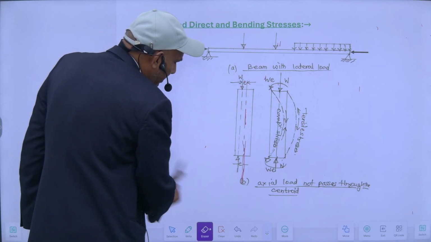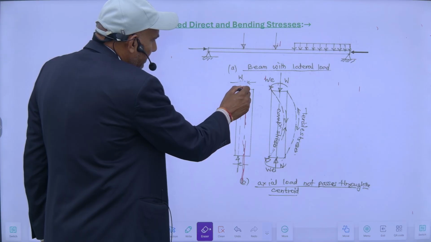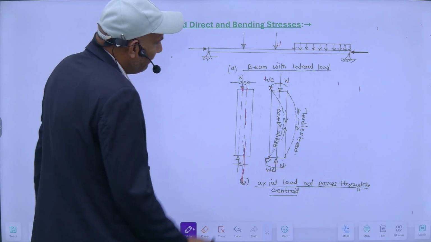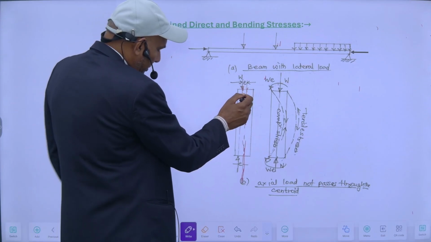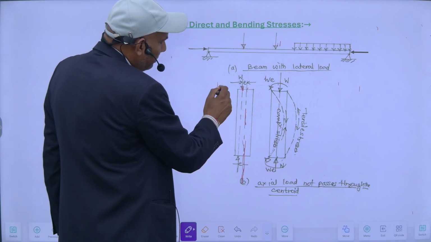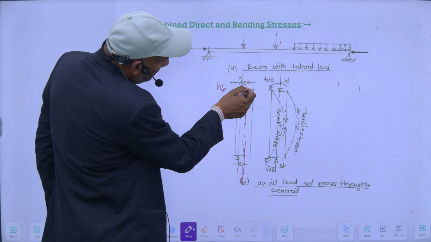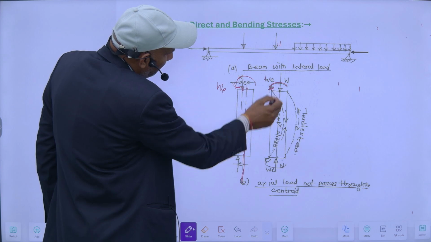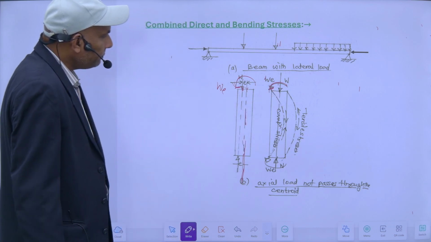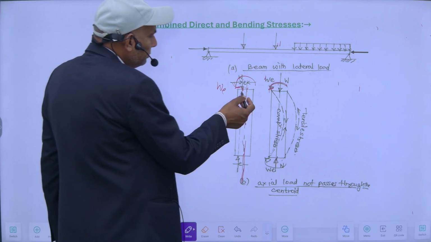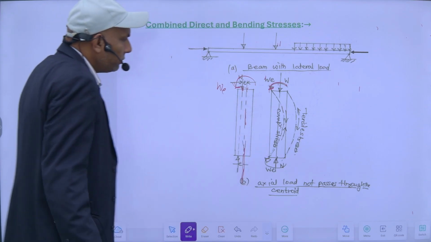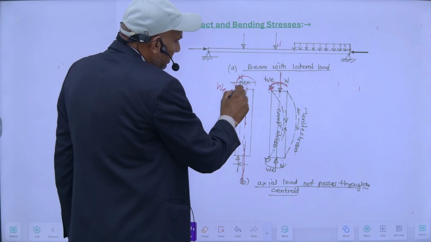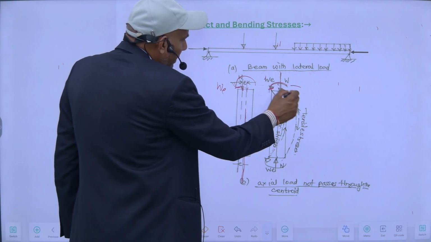Because of this eccentricity, a moment will be created, and that will be load into this distance. So W into E, this moment will be created. If I consider both effects together, then it will be like this.